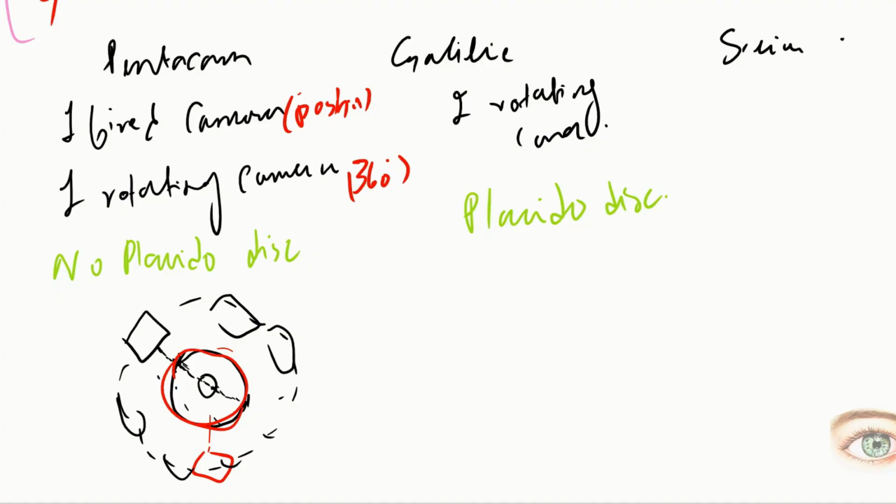So if there is a difference between these two pictures, an average will be taken, and so it will be observed whether the eye has moved or not, because there is no fixating camera. Due to this, Galilei is slightly less reliable than Pentacam, because Pentacam has a fixating camera and it actually observes if the eye has moved or not.